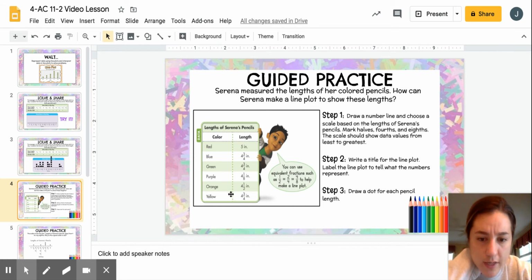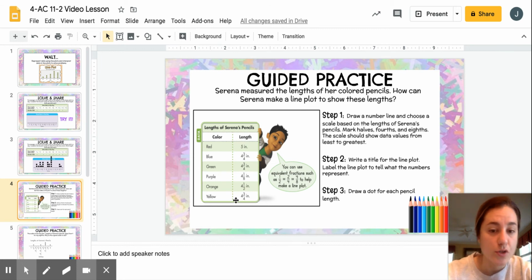So if you notice, we have denominators with 2, 4, and 8. So you are going to choose the largest denominator out of those three, which is eighths. So step 1, draw a number line and choose a scale based on the lengths of Serena's pencils.